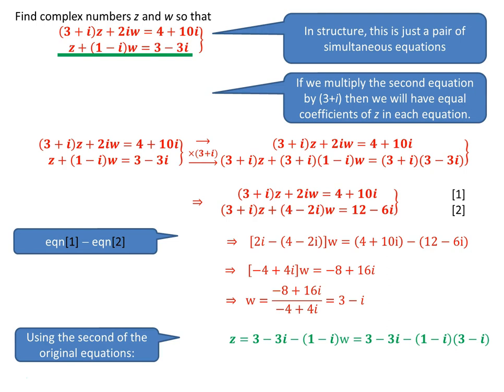So that is 3 minus 3i, take away 1 minus i times 3 minus i. And if we do the complex number arithmetic to simplify z, or again use our calculator to find out what z is, we end up with z equals 1 plus i. So we've solved a pair of simultaneous complex equations.